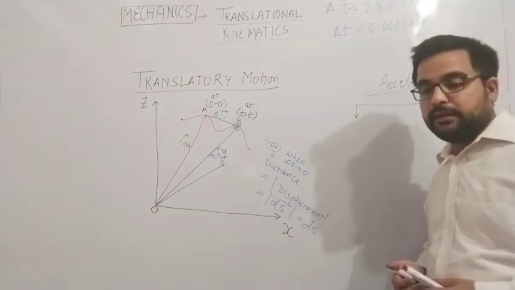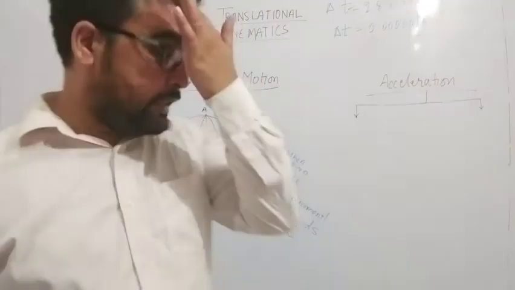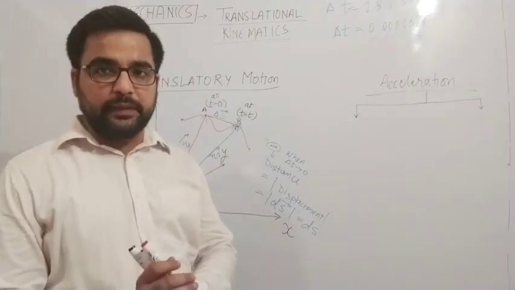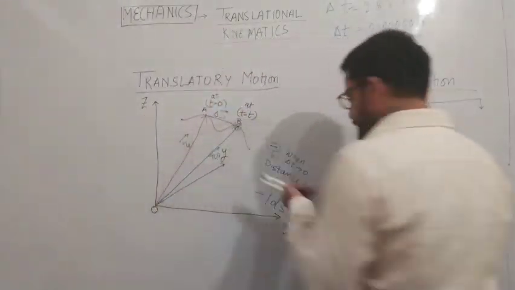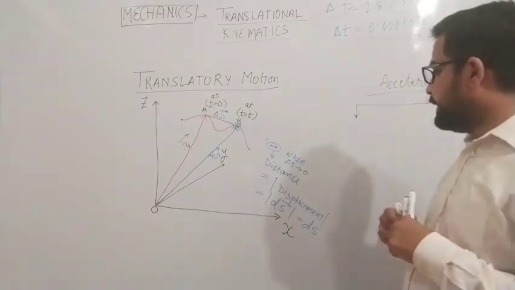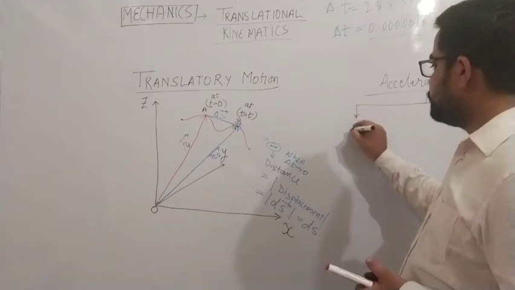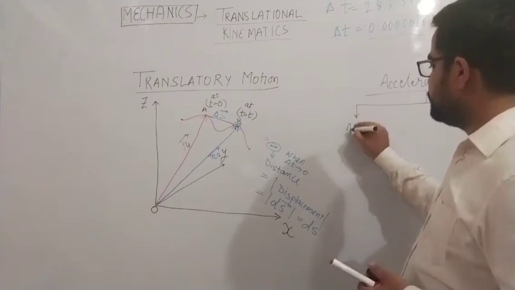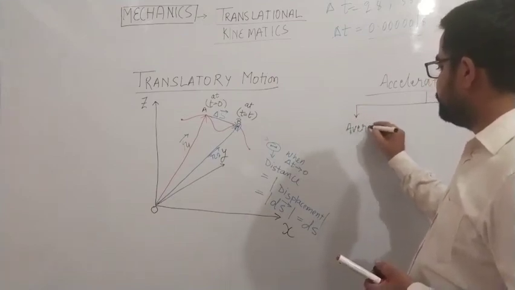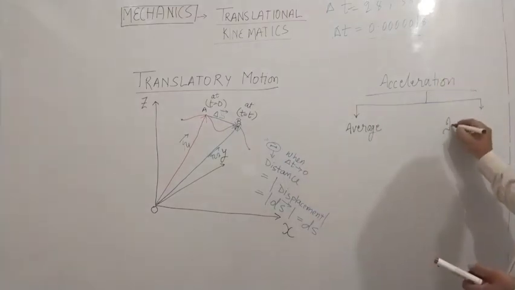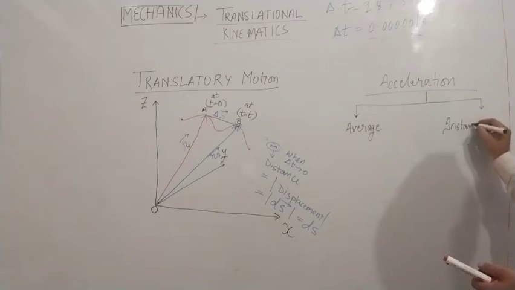As we have already learned in lower classes, acceleration is final velocity minus initial velocity upon time interval. So the value I get from this formula is actually the average value. So it will also have average and instantaneous values.